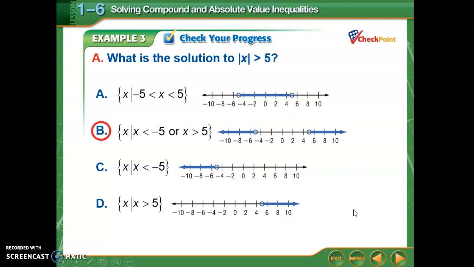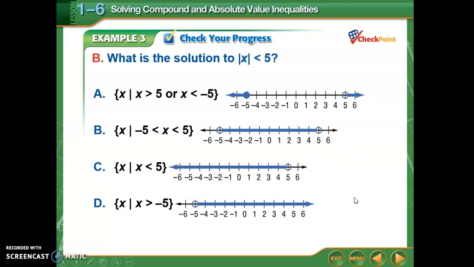So letter B. So you're going to plug in numbers greater than 5. So that would be to the right of 5 as well as to the left of -5. Because if you plug in, let's say -6, the absolute value of -6 is 6, which is also greater than 5.